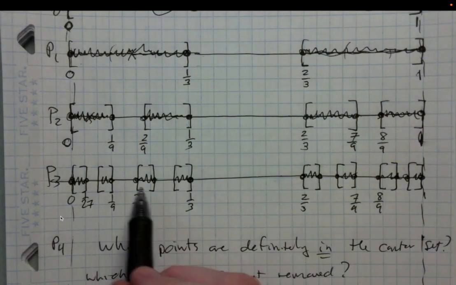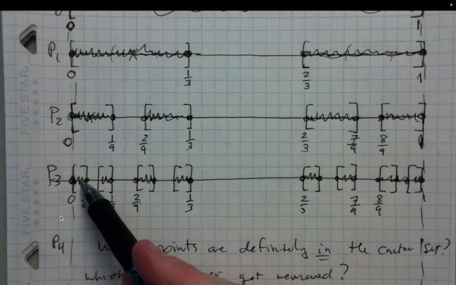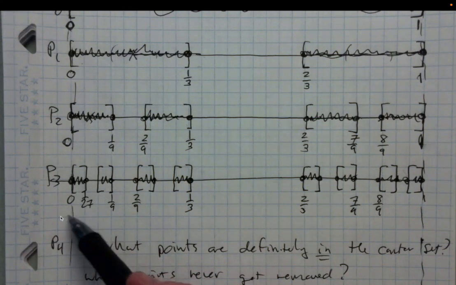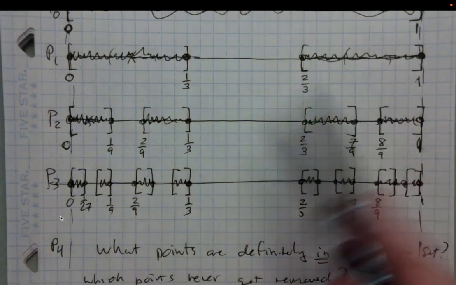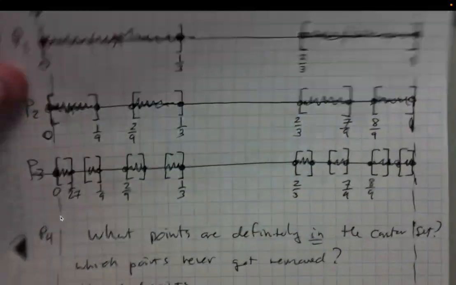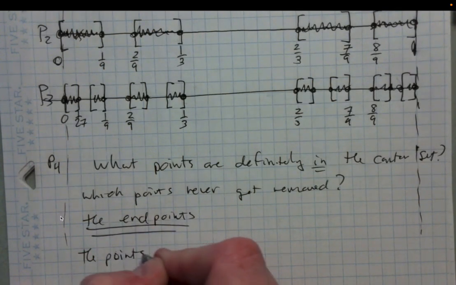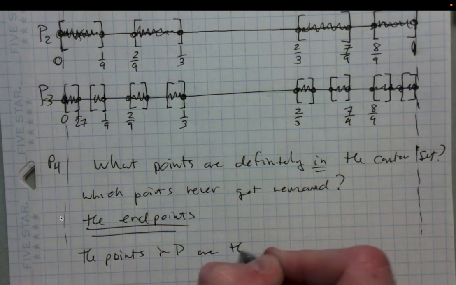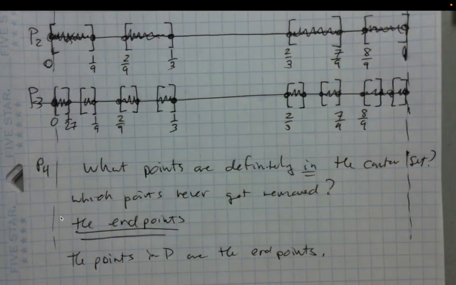Same thing here. This 1/27 is never going to get dropped either. At the next iteration, we're going to cut out the middle, and then the middle of those two, and then the middle of those four, and so to infinity, right? Because we're always taking the middle out, the points that end up sticking around in the contour set, the points in P, are the endpoints, right?